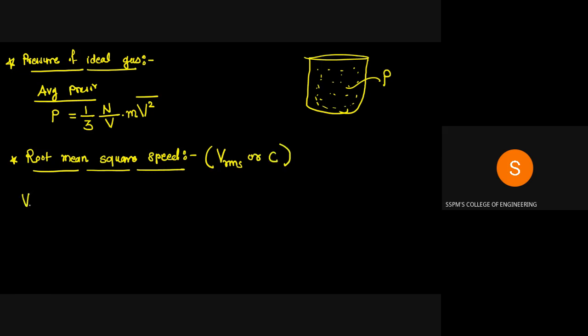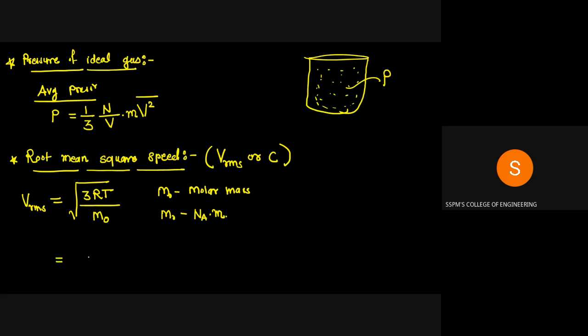Its equation: VRMS, the root mean square speed of the gas molecule, is square root of 3RT divided by M naught. Here M naught is the molar mass, and it is given by M naught is equal to Na, the Avogadro's number, into m.